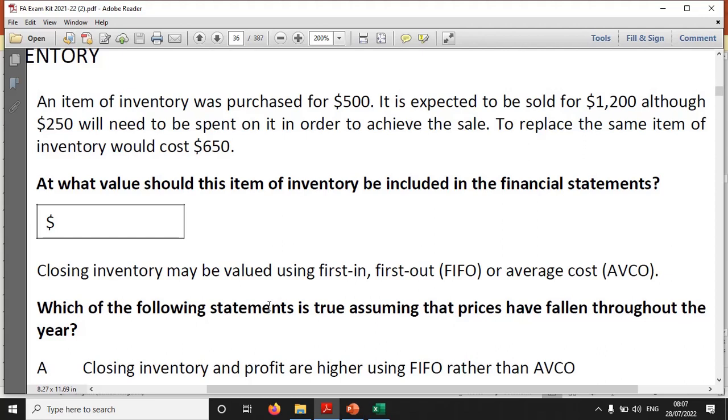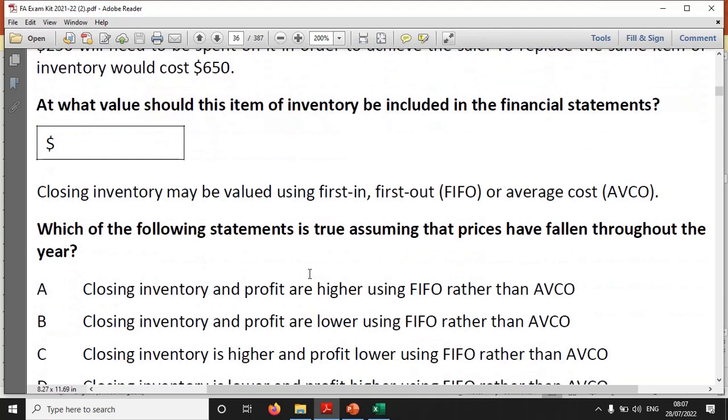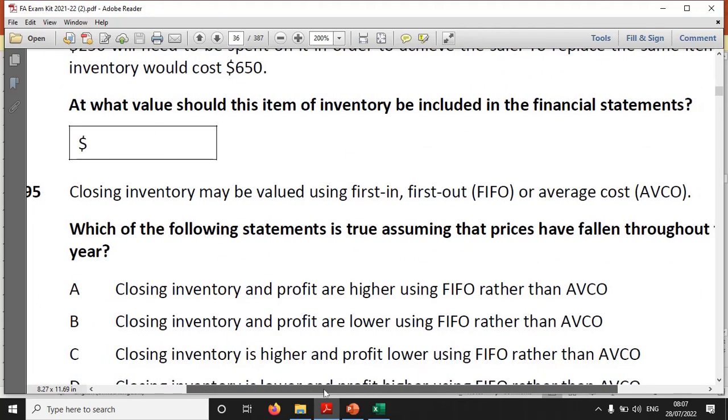And the 650 was just a distractor to deal with individuals who don't like studying. So it is a 500. The inventory item should be valued at 500. I guess that's simple. Let us proceed to the next question, which is question 95.